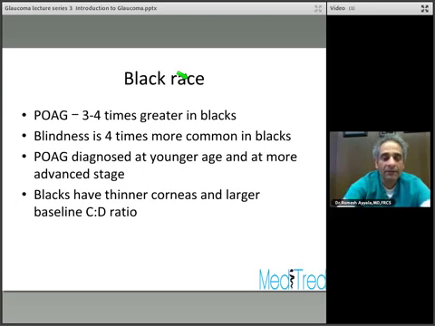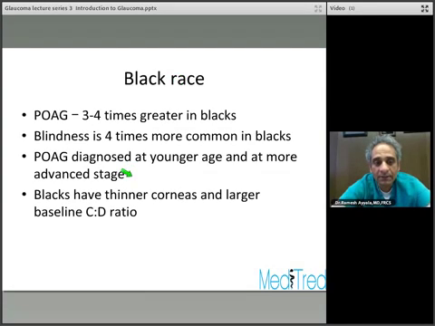Black African American heritage, like I mentioned, carries a 3 to 4 times greater risk of developing glaucoma compared to Caucasians. So does the Hispanic and Latino population. Blindness is also 4 times more common among the African American population. Primary open-angle glaucoma among the African Americans is diagnosed at a younger age and at a more advanced stage compared to the Caucasian population.